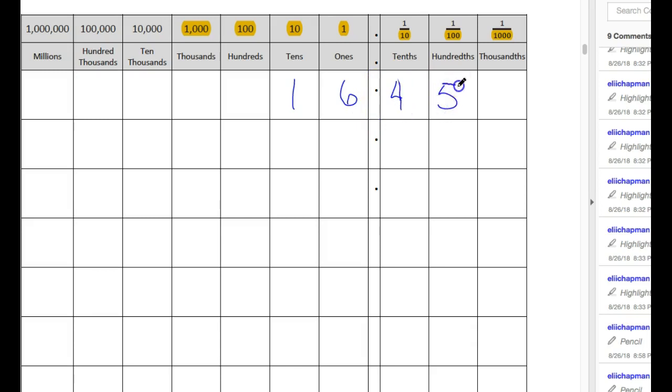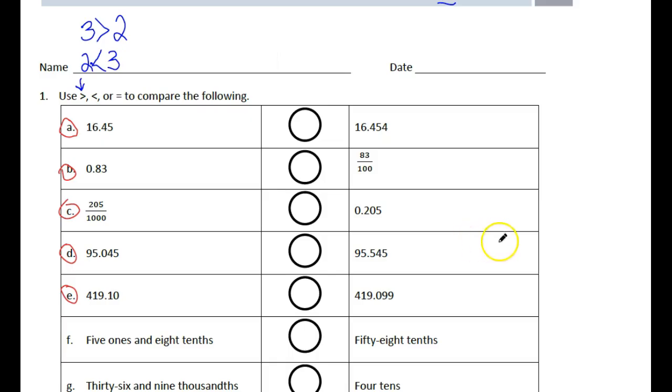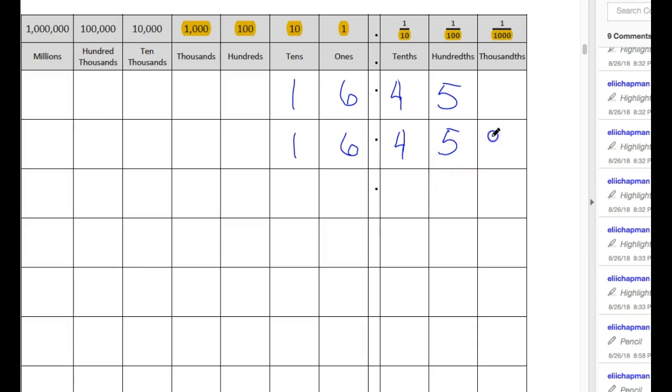45 hundredths. The other one was the exact same thing here: the ones place matched, the tenths place matched, the hundredths place matched. But then, if you look again, here's what differs, is this digit right here that's in the thousandths place. So if we put that in, we put it right here. 454 thousandths.